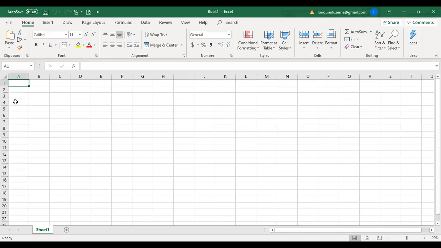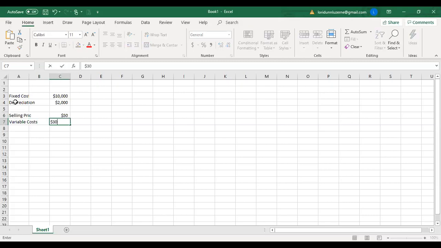Okay, so let's say you have fixed costs of $10,000, depreciation, I'm just making these up, of $2,000, a selling price of $50, and variable costs associated with making this product, so these are the costs that change as products increase or decrease, of $30.